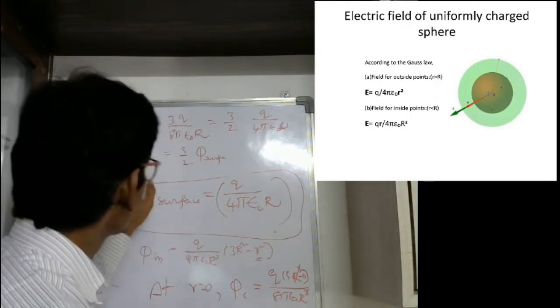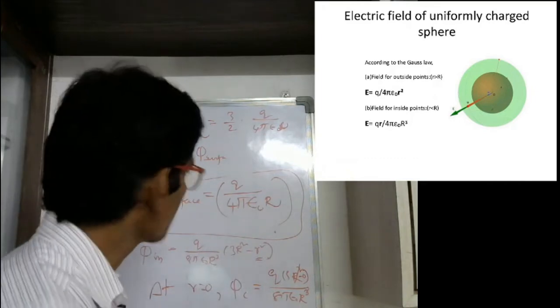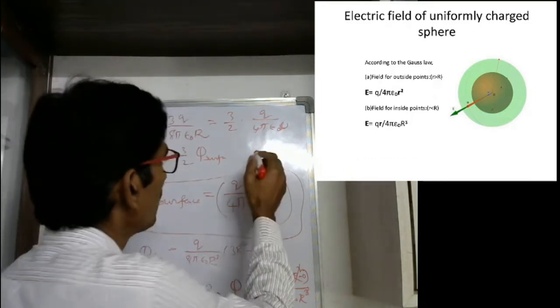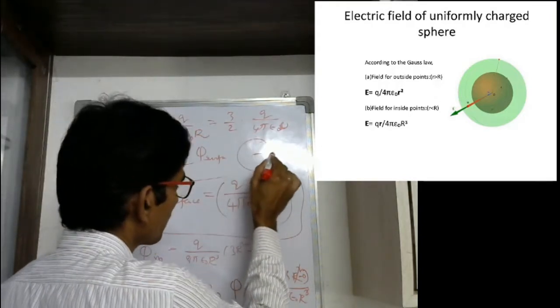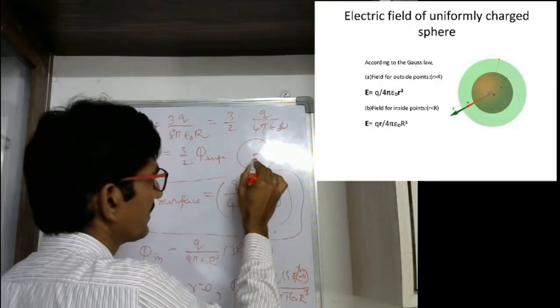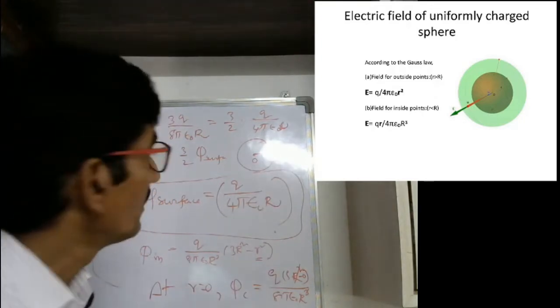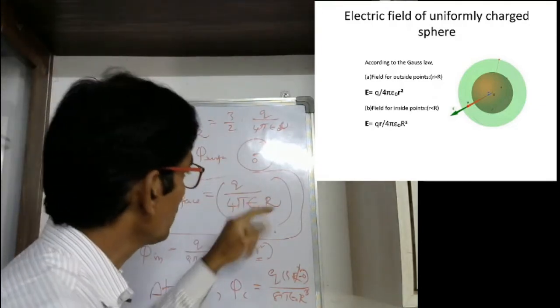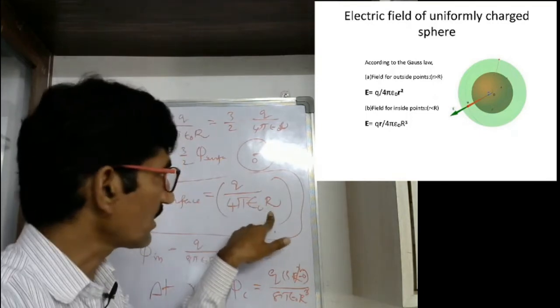So, potential at the center is 1.5 times the potential at the surface. So, you have large potential at the center. As you move away to the surface, the potential goes on decreasing up to the value q by 4 pi epsilon naught r.